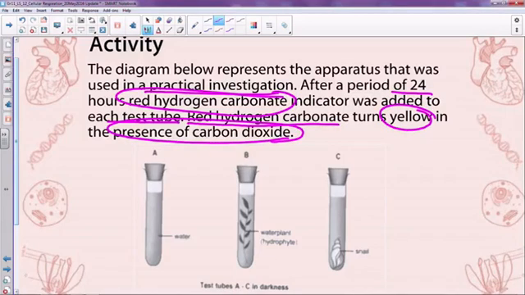So essentially it is an indicator, and this indicator is used to identify the presence of carbon dioxide. So when it turns yellow, it will confirm the presence of carbon dioxide. If it remains red, it indicates the absence.